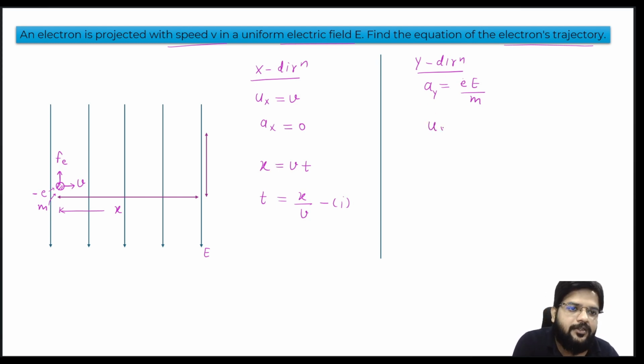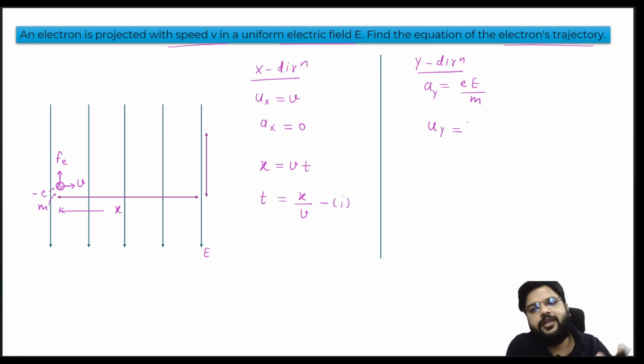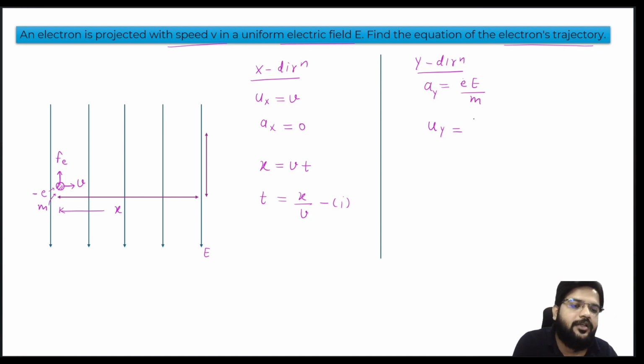We are throwing this particle in the horizontal direction, that's why the initial velocity of the particle in the vertical direction should be 0. So uy is 0 here. Now the next thing: we know that y equals, we are finding the displacement of the particle in time t in the y direction, so we write y equals initial velocity in the y direction times t plus half acceleration in the y direction times t square.